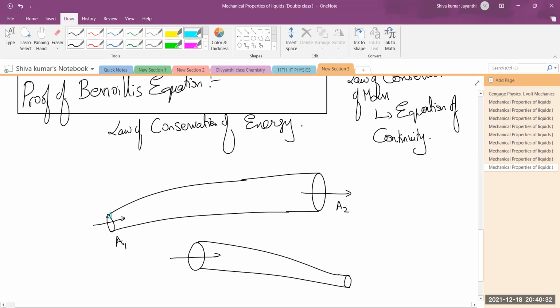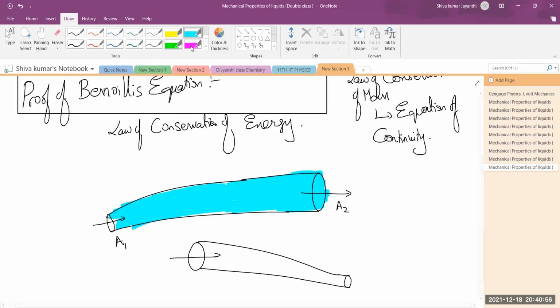You must understand that the entire tube is filled with water or liquid, completely filled up. Now what you are doing is connecting it to a motor or a pipe.